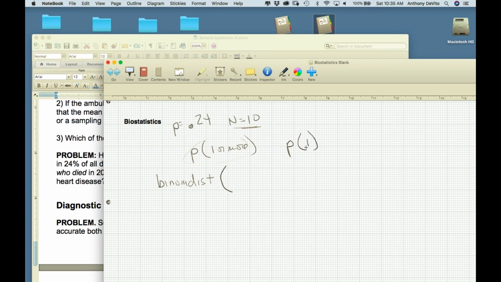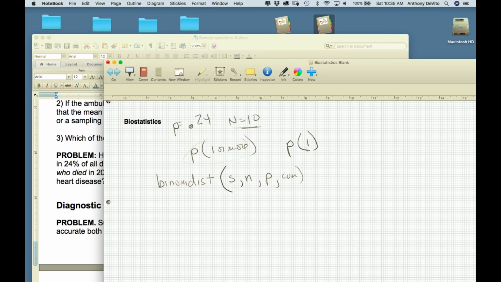How would I put that into the binomial distribution function in Excel? Well, it asks you for the number of successes, the sample size, the probability of any individual having that condition, and whether or not it's cumulative. I'm going to put CUM there, true or false for cumulative or not cumulative.